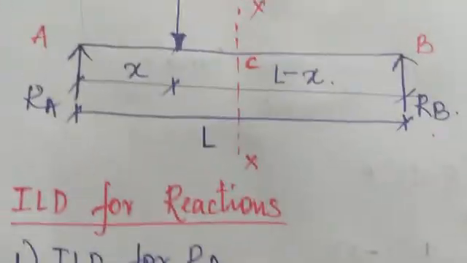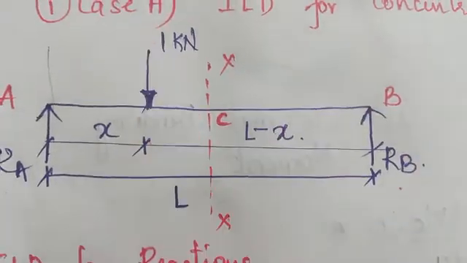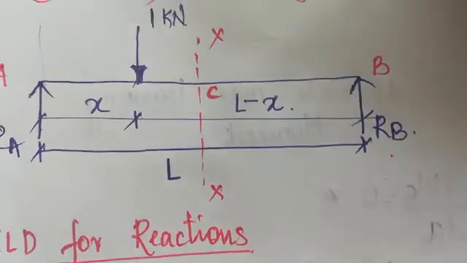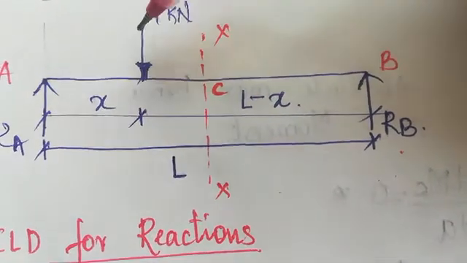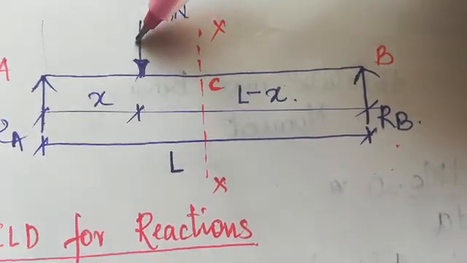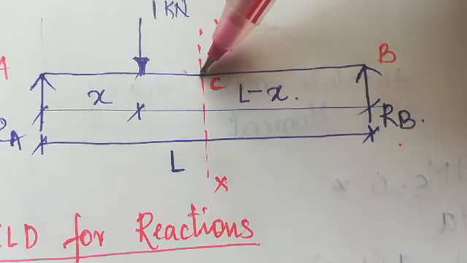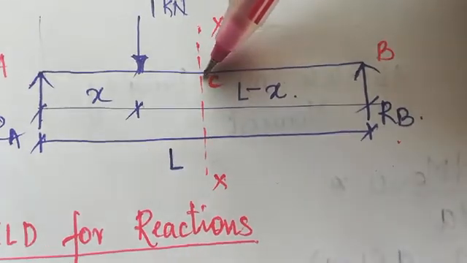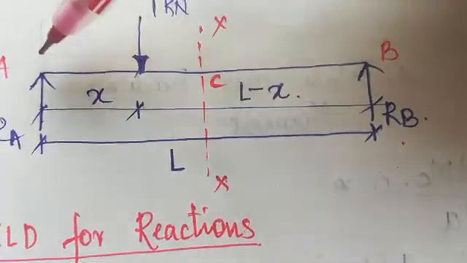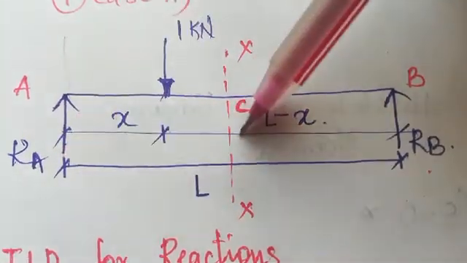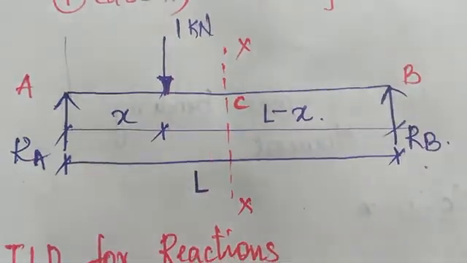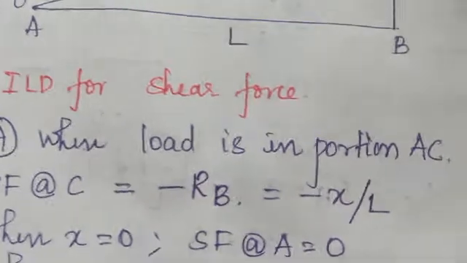Now this load, which was first at a distance x from A, has travelled, and I'm calculating the shear force at point C. This point C is at a distance a from support A. The distance between A and C is small a.